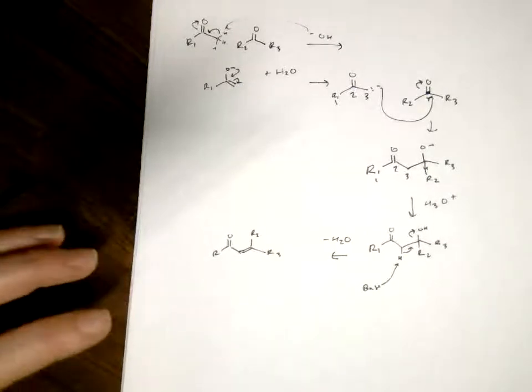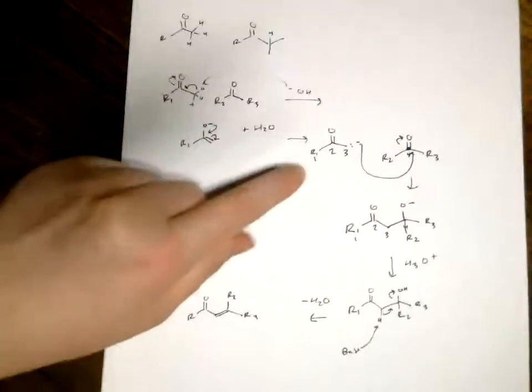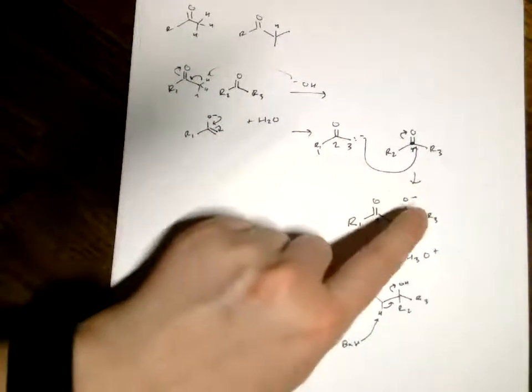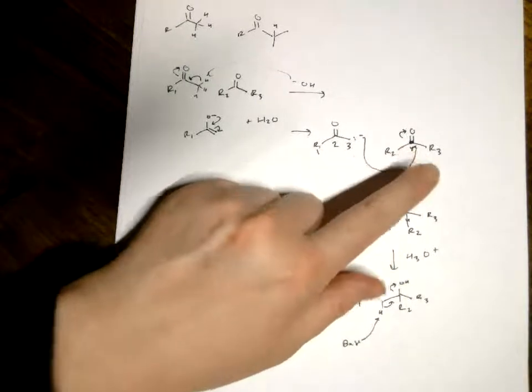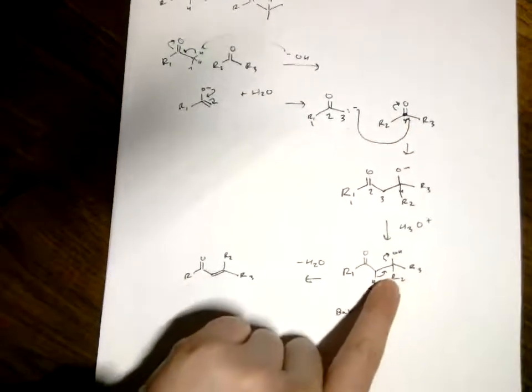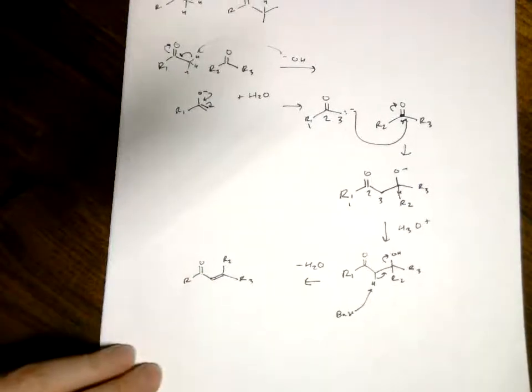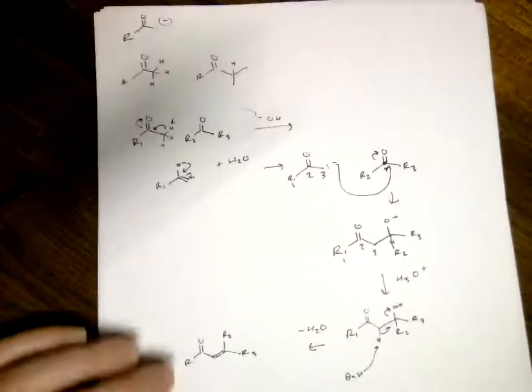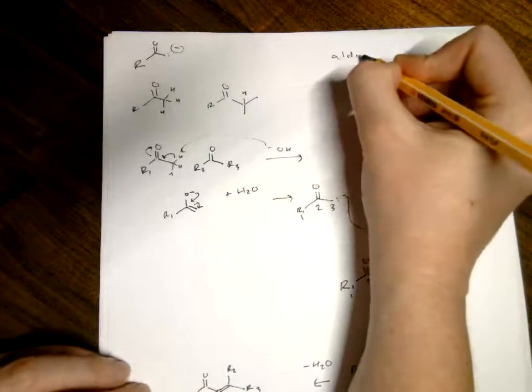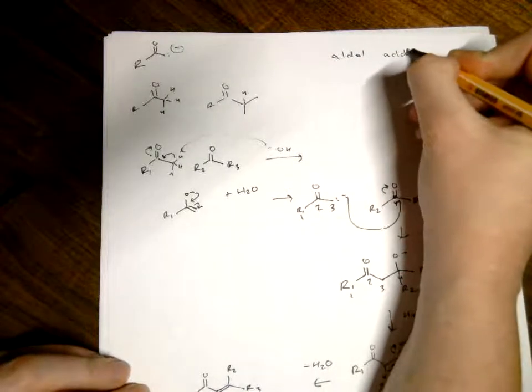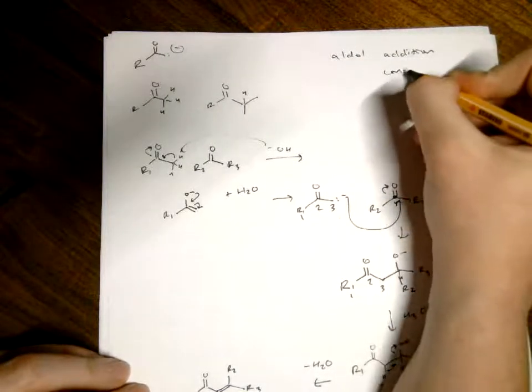So that's aldol condensation. Basically, an enolate forms and attacks the carbonyl group, and then it loses water to get this alpha beta unsaturated ketone. So that's an aldol addition, followed by the condensation.